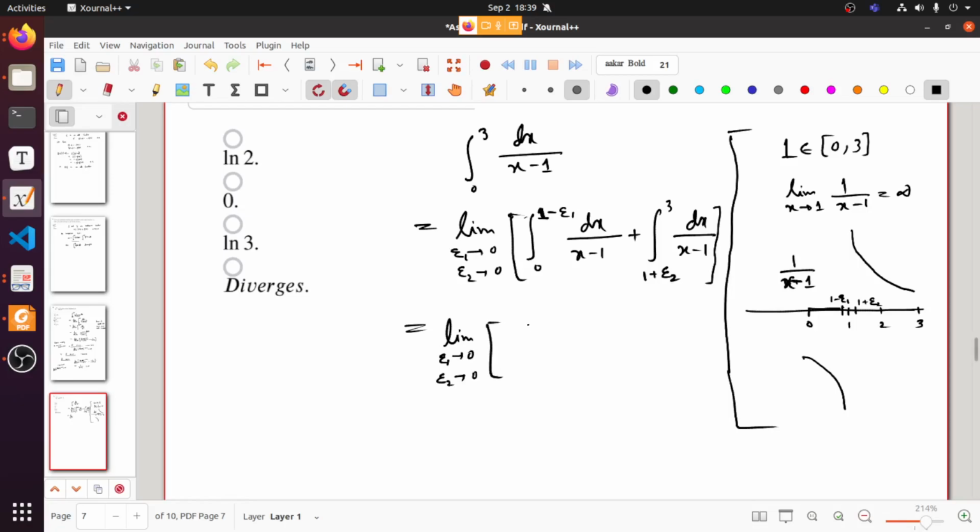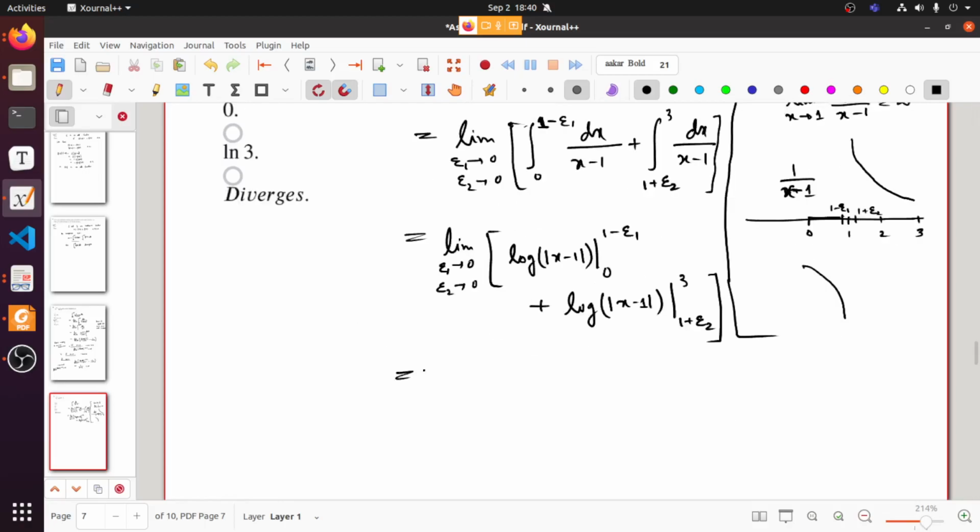So what will be the integration? It is log of mod of x minus 1, from 0 to 1 minus epsilon 1, plus the second integration, which will be the same again, log of mod x minus 1, from 1 plus epsilon 2 to 3. Then we put in the limits, epsilon 1 tends to 0, epsilon 2 tends to 0.